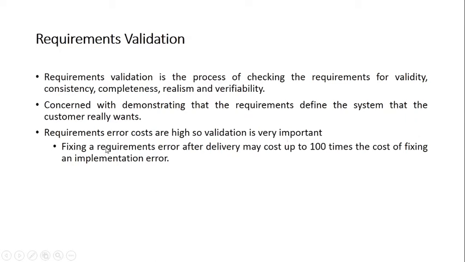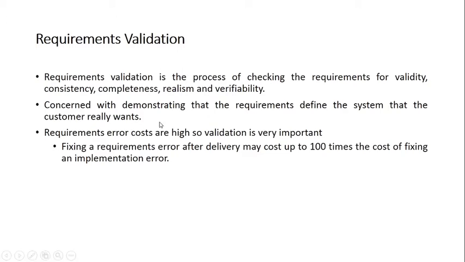Now if there is any error in the requirement, ultimately it will get propagated to the later phases, and it will lead to disaster, or it may not be what the customer wants, so it might be a reason for rejection. So we have to try to validate whatever requirements we have gathered here itself, in the requirement phase, so that its scope is limited to this phase only and it is not propagated further.